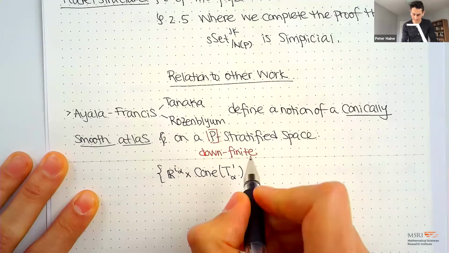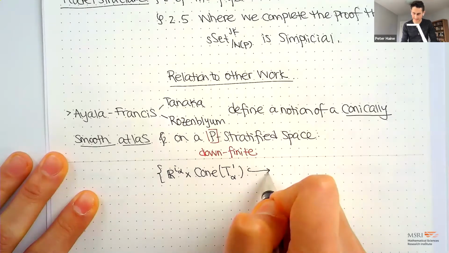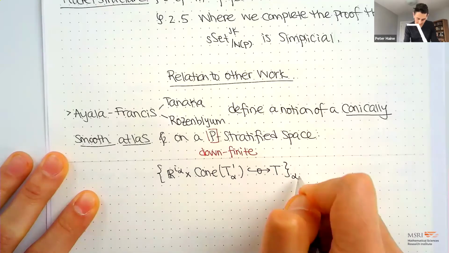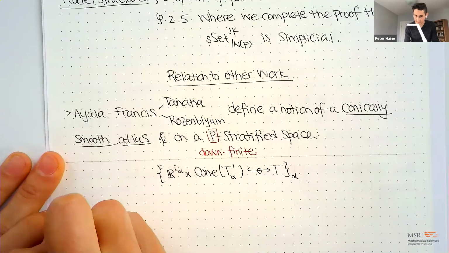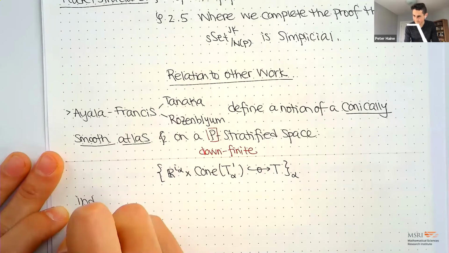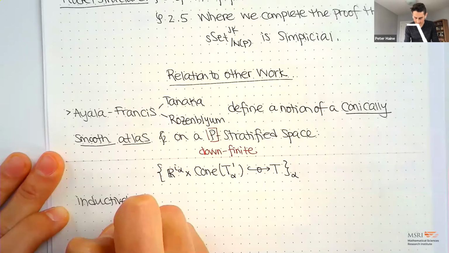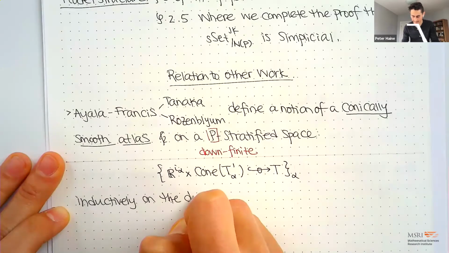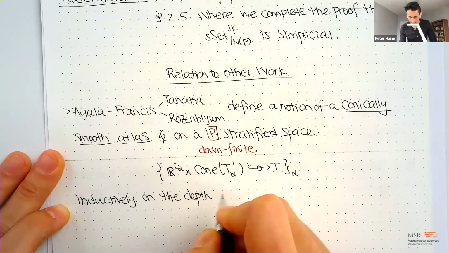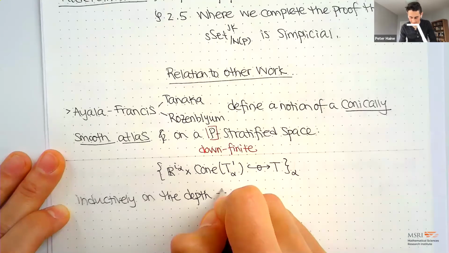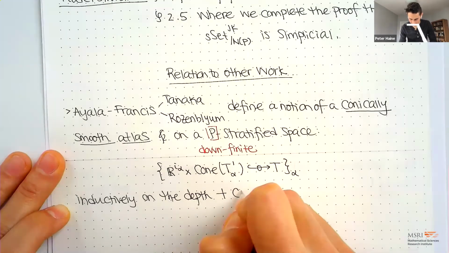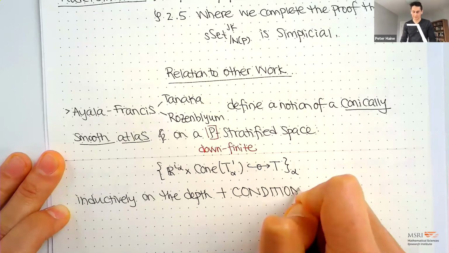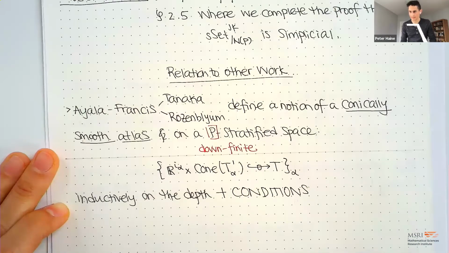So this is a sort of inductive definition, defined inductively on the depth, and then there are a bunch of conditions that have to do with some regularity things. I'm not going to say really more about this.